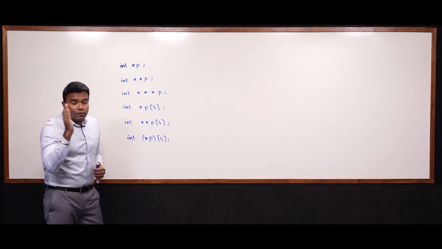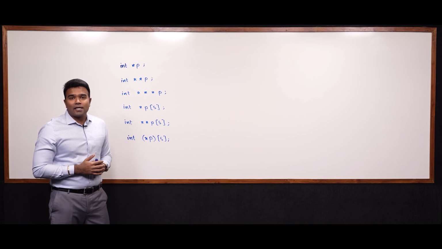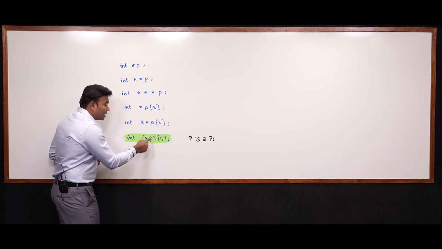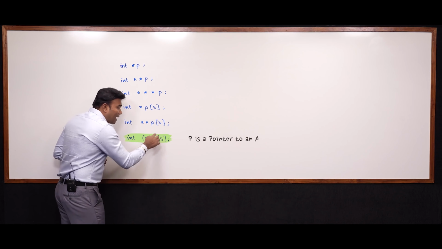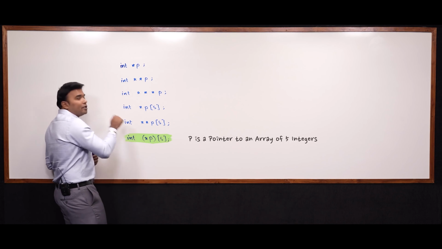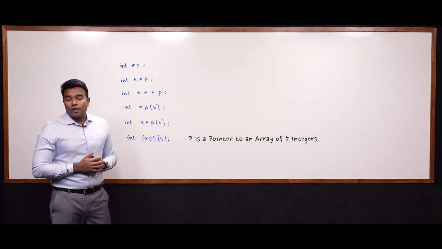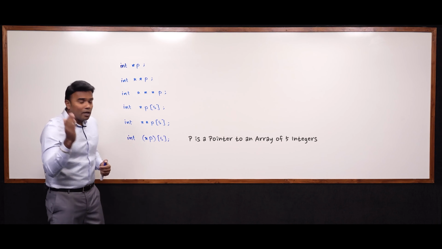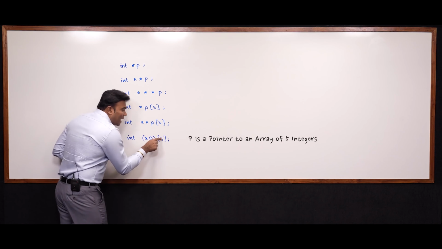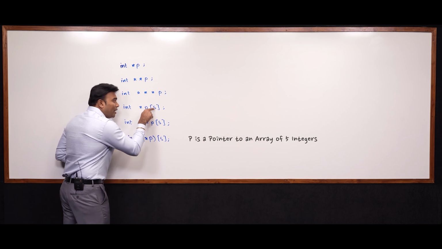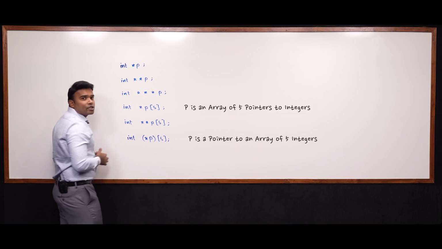In other words, if you read it according to my style, then this is the way you need to read: P is a pointer to an array of 5 integers. That is the way that you really have to read it. Now, let me repeat it for you: you cannot say P is an array in this case. In the other case, you can definitely tell P is an array because there is no bracket.